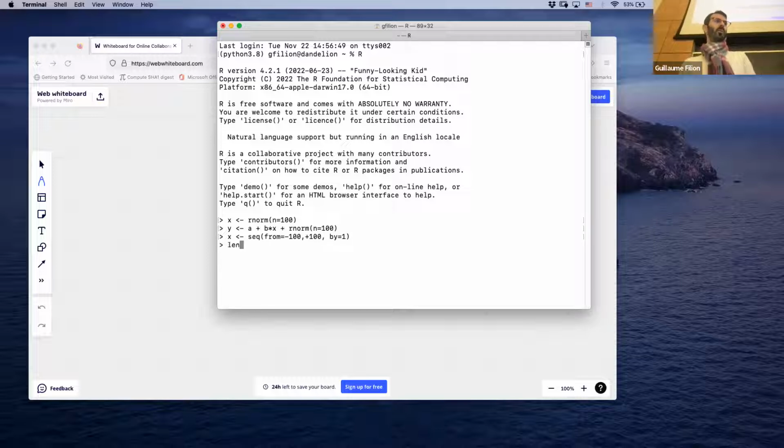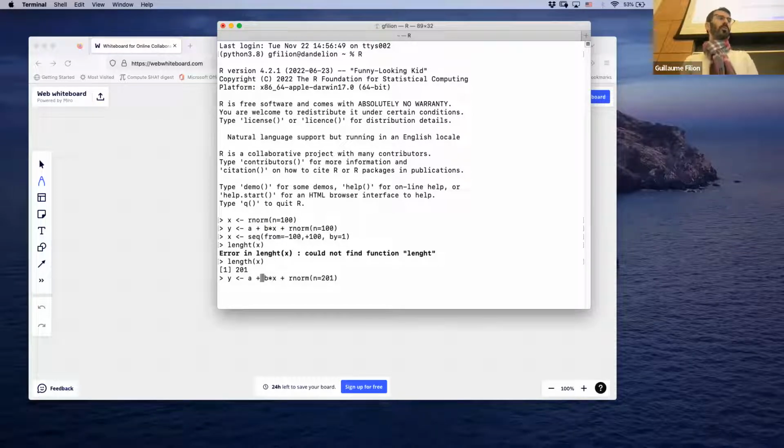So x is of length 201, and y will have this form here. Except that now we need 201 numbers to make the noise, and we're just going to choose two arbitrary numbers for a and b, and we're going to try to rediscover them.